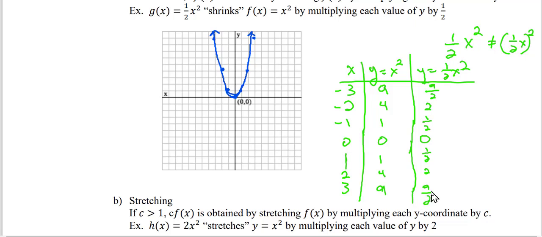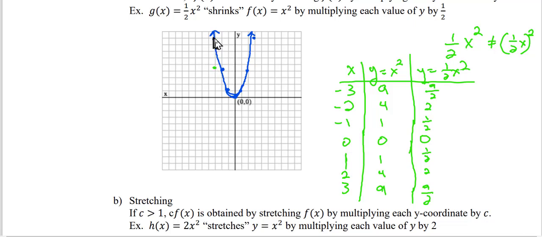Let's go ahead and graph these y values that we created in the right-hand column here with those numbers in the x, so those ordered pairs. -3, 9/2. Well, 9/2 is 4.5. That is going to be here.